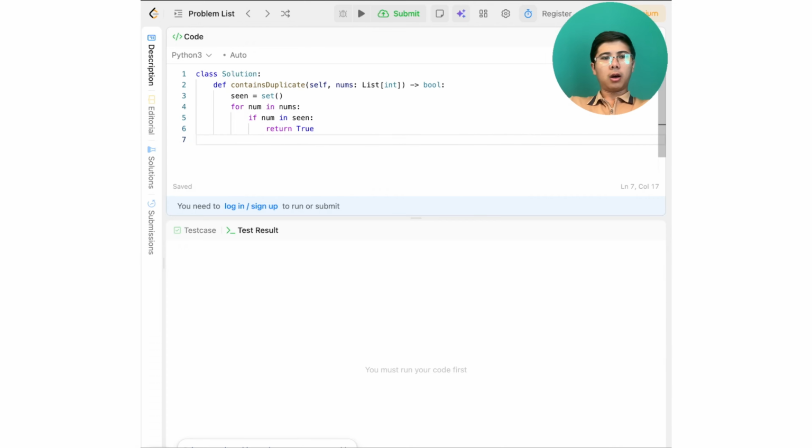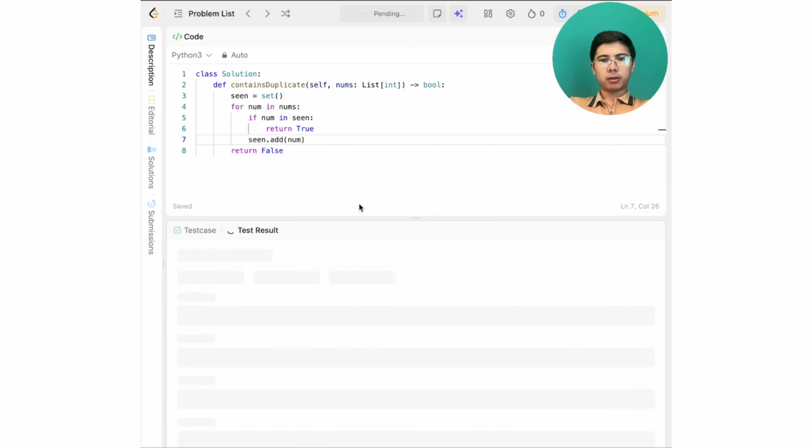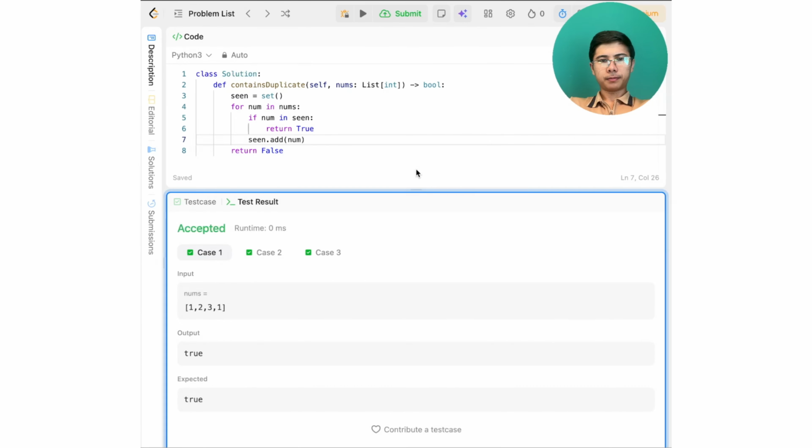Otherwise, seen adds the num. And after the loop, if there are no duplicates and all elements are distinct, we return false. So we can see the test result: all of the cases worked and were accepted.